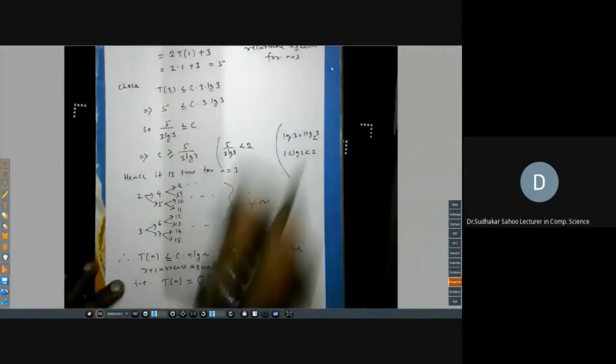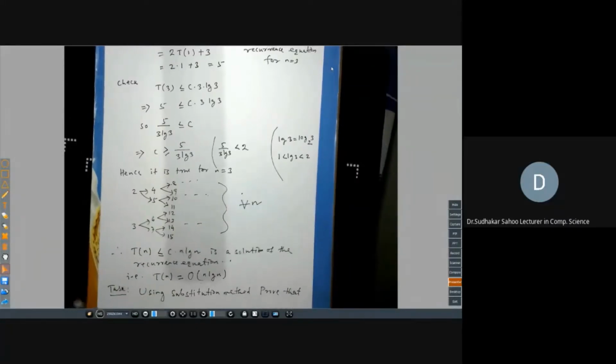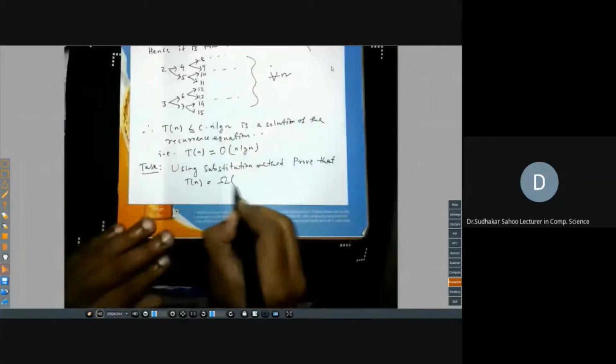Okay. I am giving a task that again using the same substitution method, prove that Tn is equal to big omega of n log n.